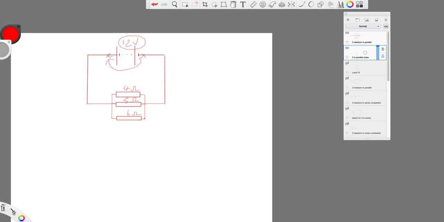So going this way, or going this way around the circuit, or going this way around the circuit, we're going to drop 12 volts whichever way we go.